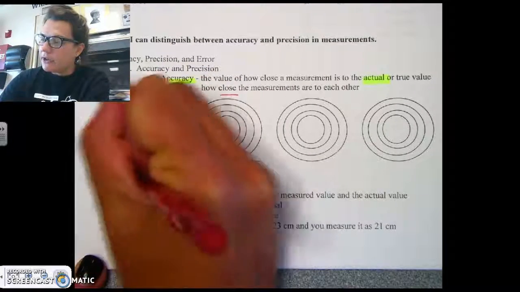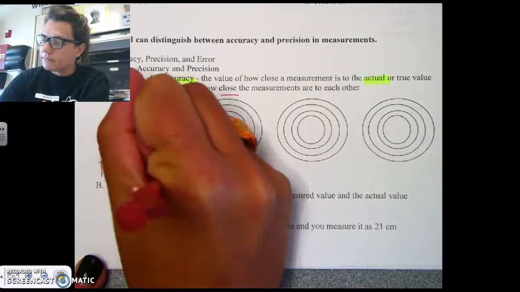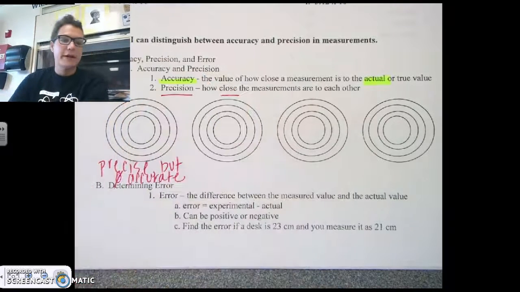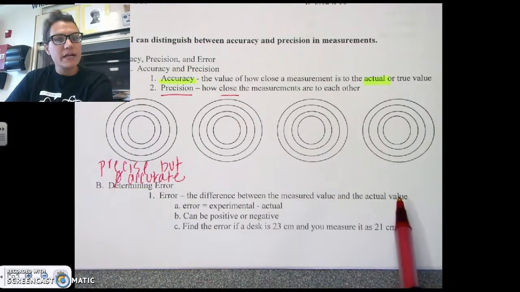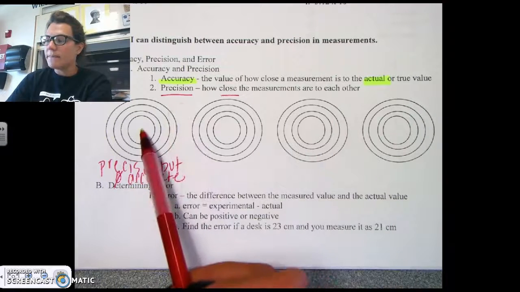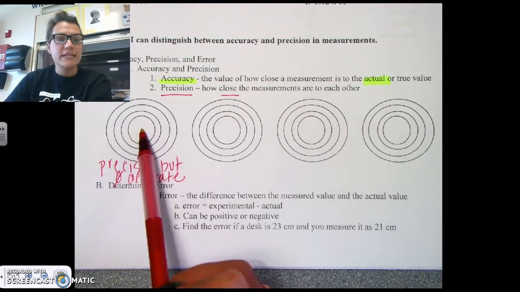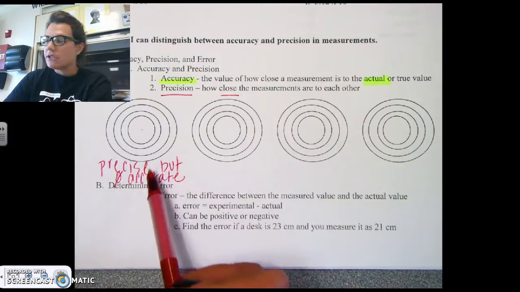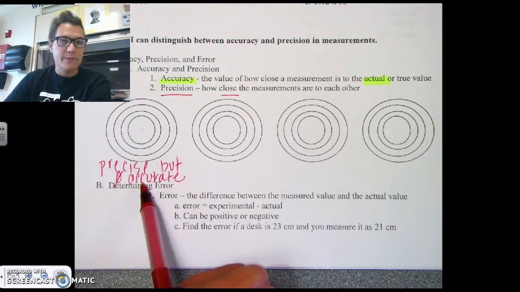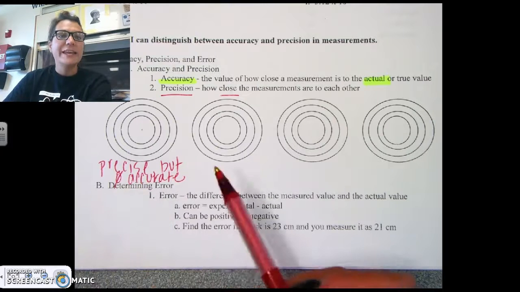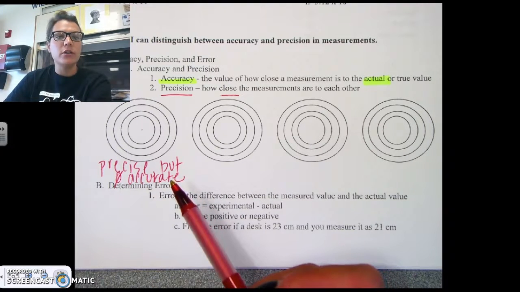Okay, so let's talk about whether something is precise but not accurate. What do you think that would look like? If something is precise and not accurate, obviously we actually want to hit the center of the target. That would be accuracy. However, this target is not going to have accuracy. However, each dart is going to be really close to each other to indicate that that is precise.